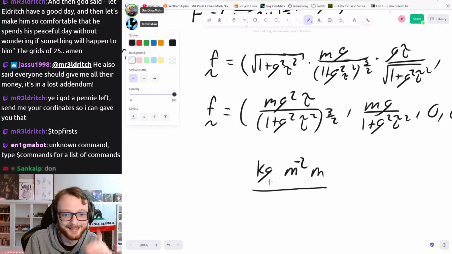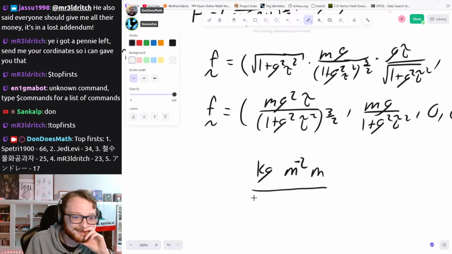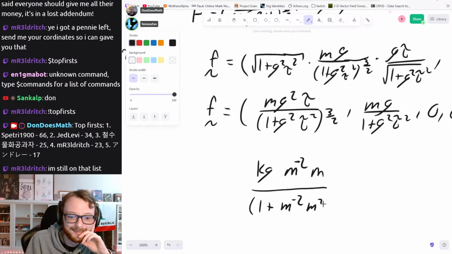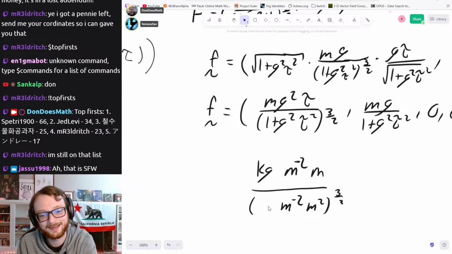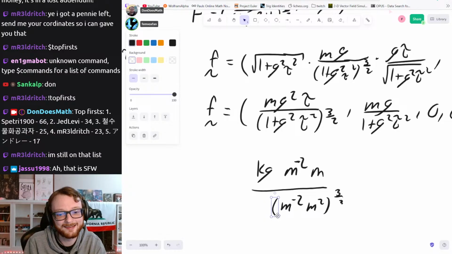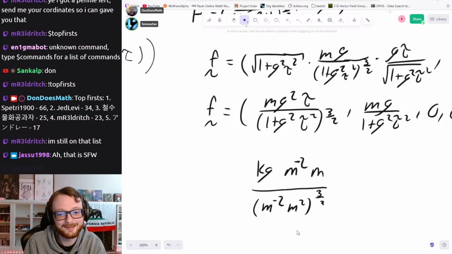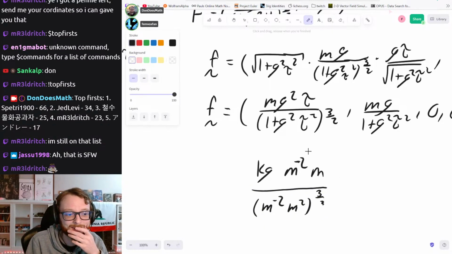Annoyingly, because we let c equal 1, velocities are dimensionless now. So G is inverse meters. Okay, I get it. So then G times T is also dimensionless, and that's good. The whole thing they gave us is dimensionless.